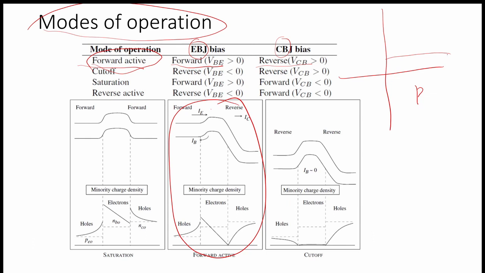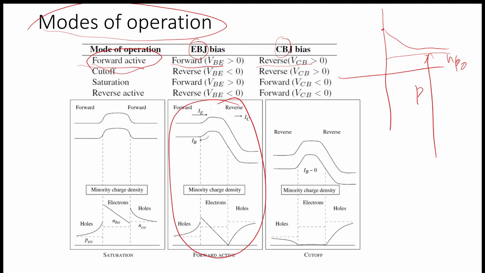So np naught, delta n, np naught is nothing but the minority electron concentration on the p side. This delta n was decaying like this, an exponential decay for the long base region.